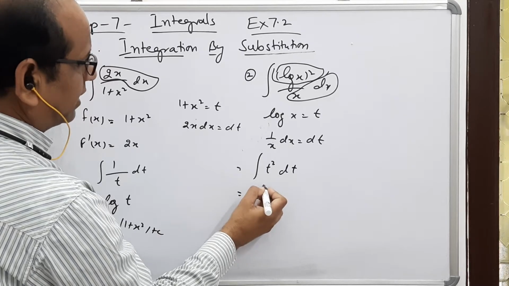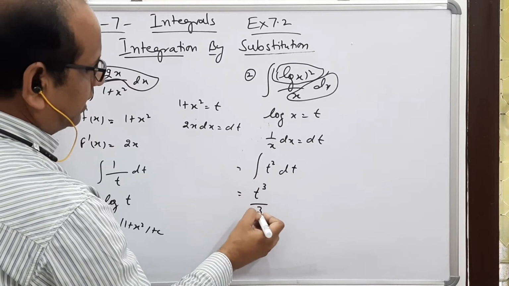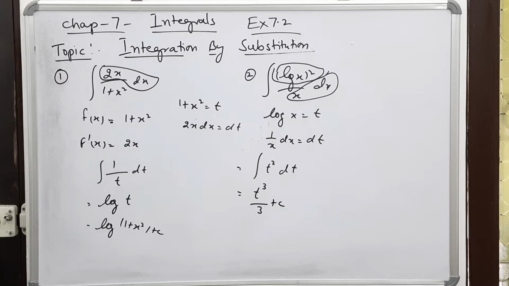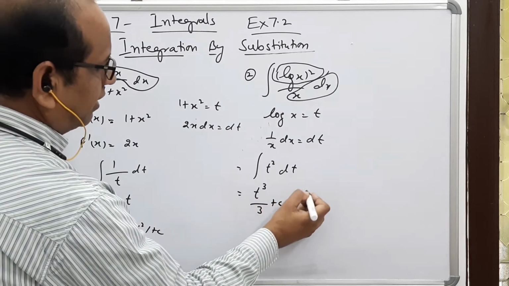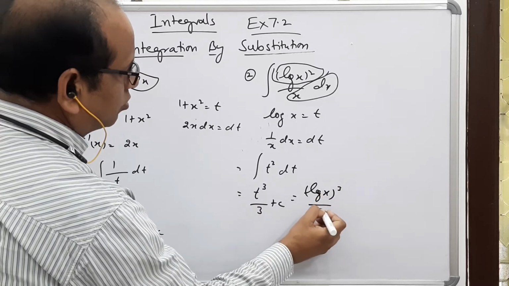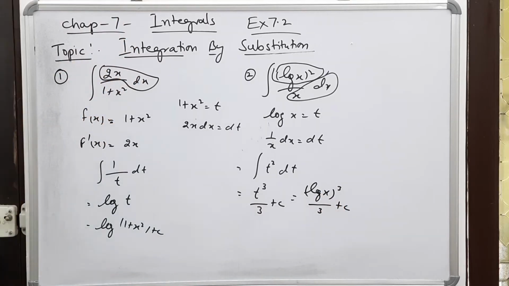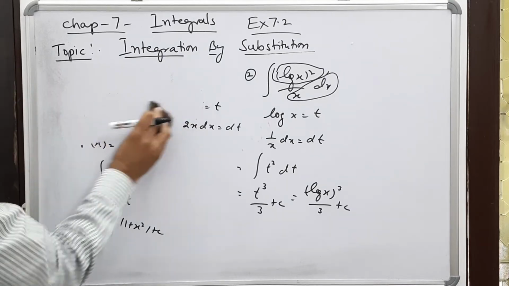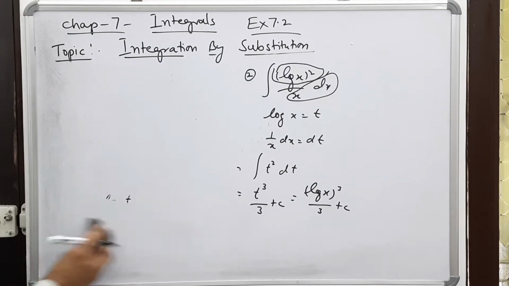And you all know that the integration of t square is t cube upon 3. So by putting the value, it is (log x) whole cube upon 3 plus c. So that is integration by substitution, and we are making big use of the derivative here. Now the next problem is the third one.